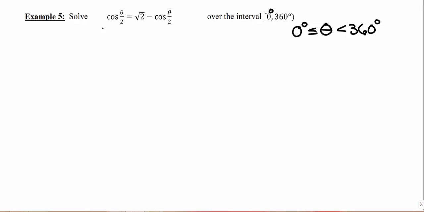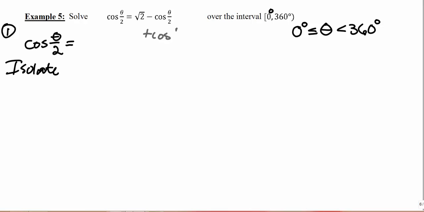The first thing we want to do is isolate, or get, cosine of theta over 2 by itself on one side. In order to do that, we need to get those cosine of theta over 2's together. So we're going to add cosine of theta over 2 to both sides.